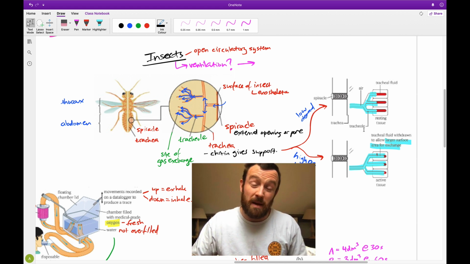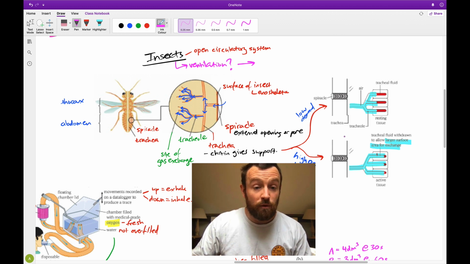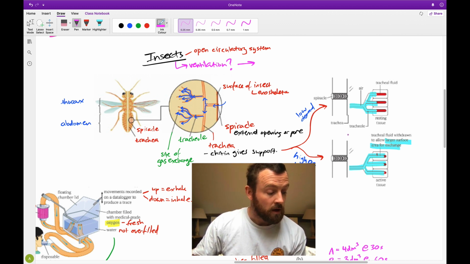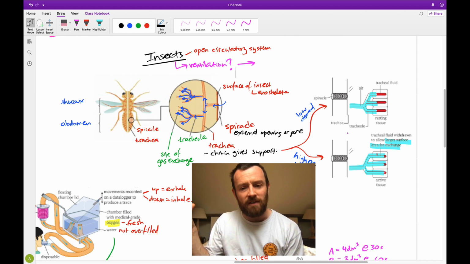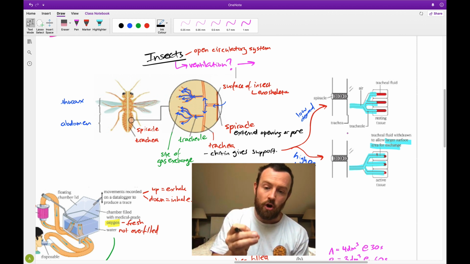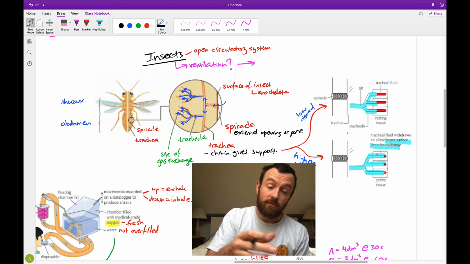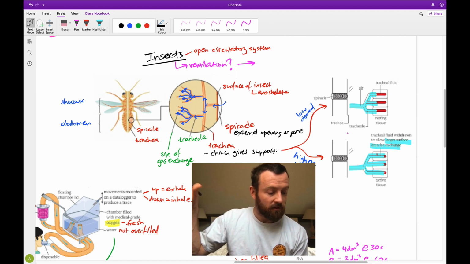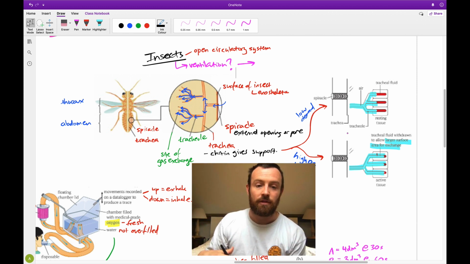And locusts have specialized breathing movements of their tracheal system as well, which involves opening certain valves, moving air down the system, and then opening other valves to let it out. So there's a bit of a one-way flow of air through the system.